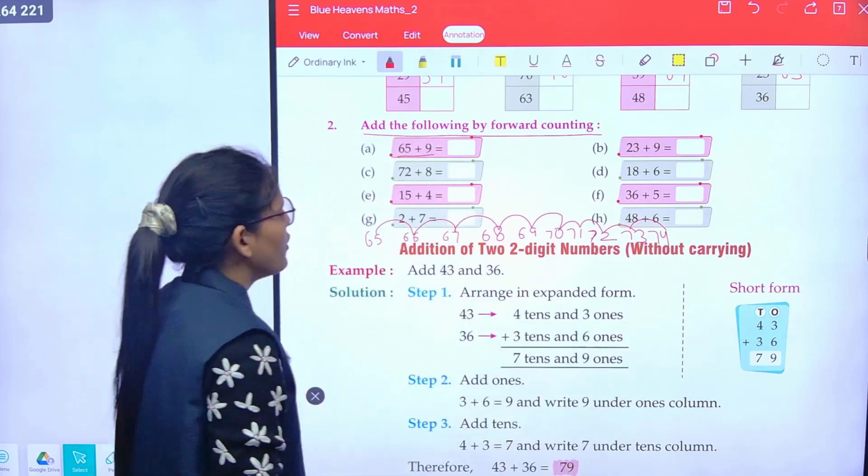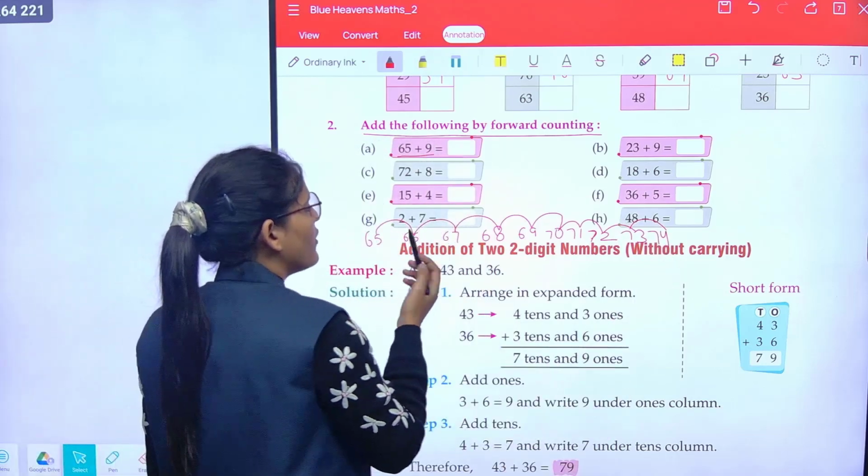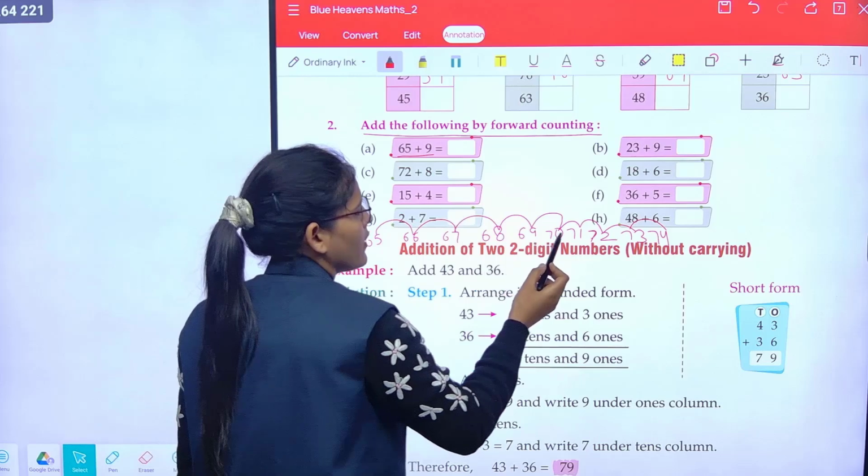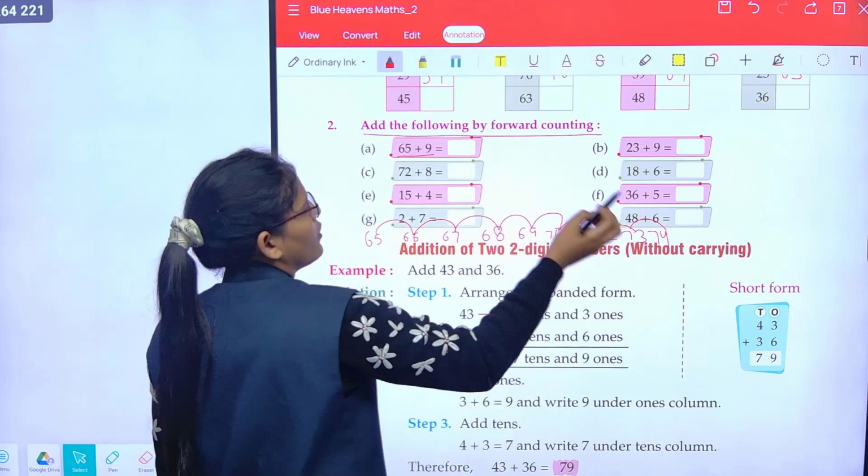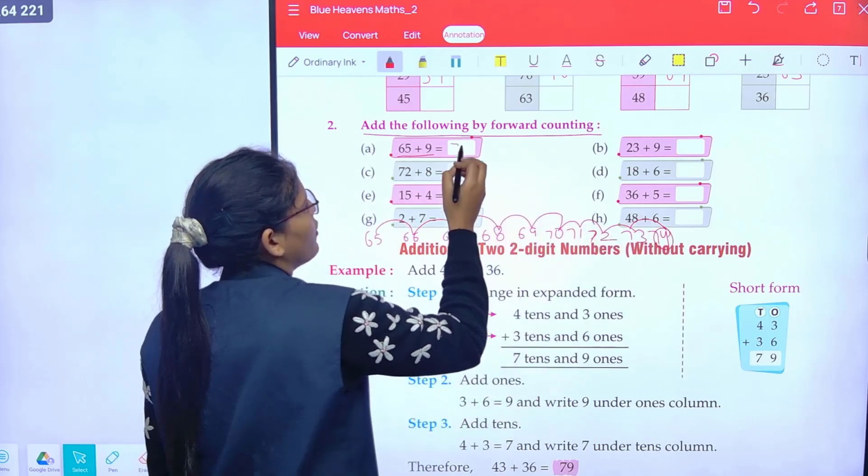So we move forward 9 steps: 1, 2, 3, 4, 5, 6, 7, 8, 9. So here will come 74.